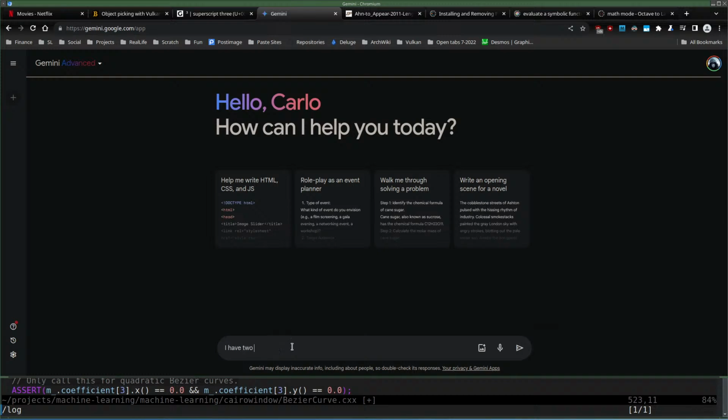I have two functions, f of x and g of x. And I have a function h of f of x and g of x. It is too hard to write out h of x.